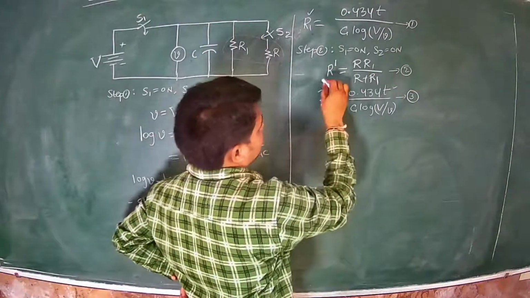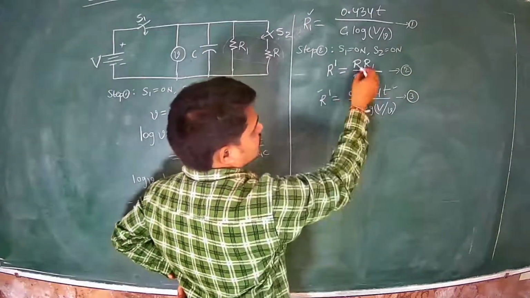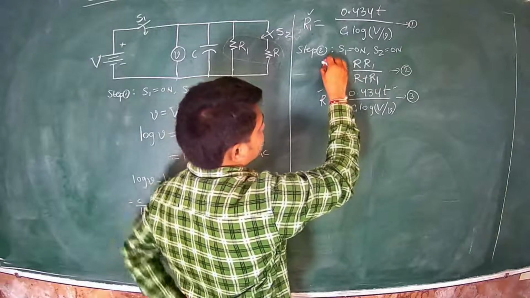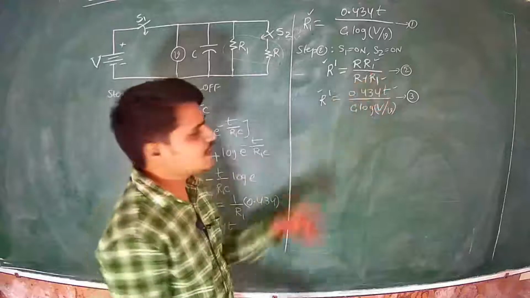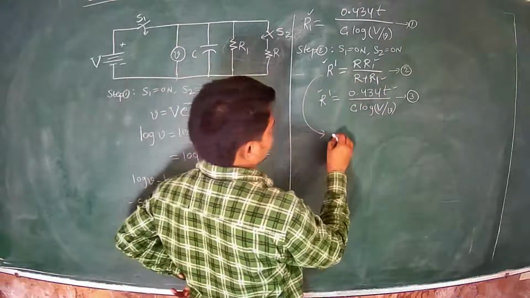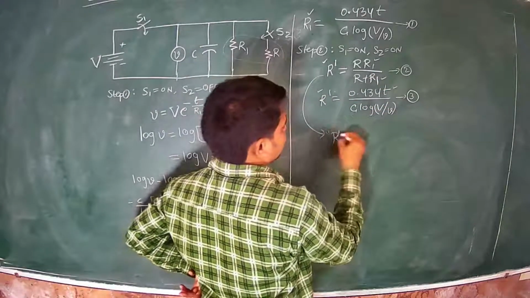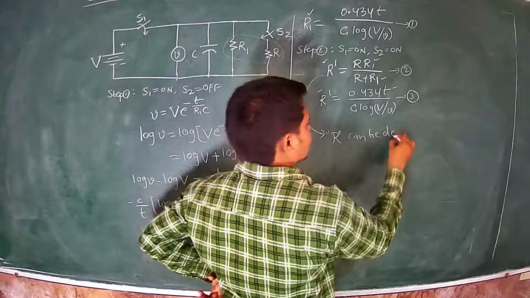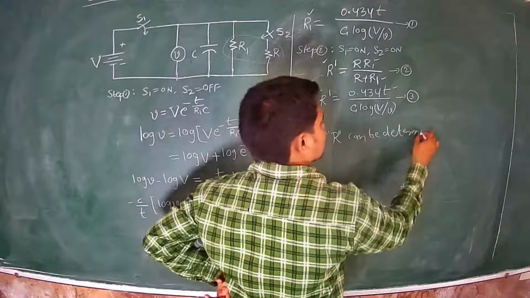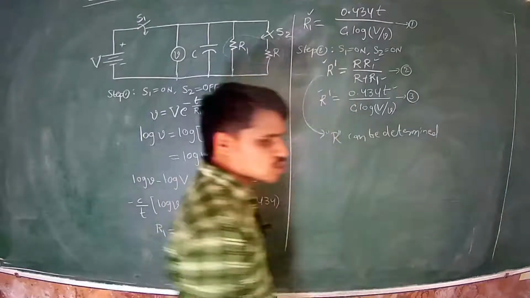So R dash value is found, R1 value is found. From this, substituting this R dash value and R1 value in equation 2, we can easily find the R value. R can be determined, that is our unknown resistance which is to be measured.